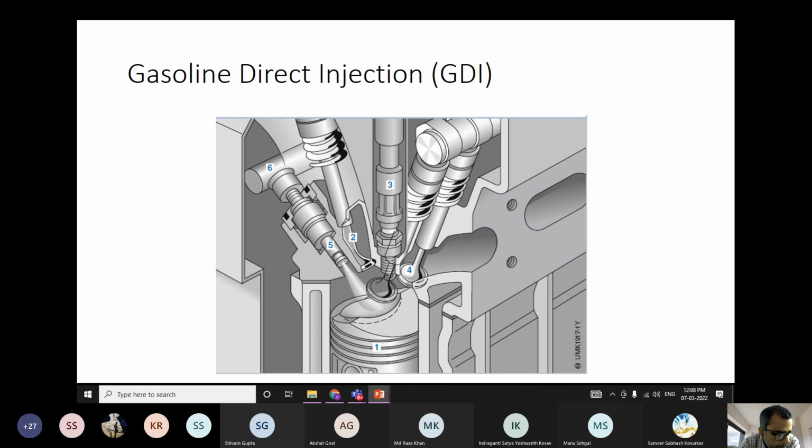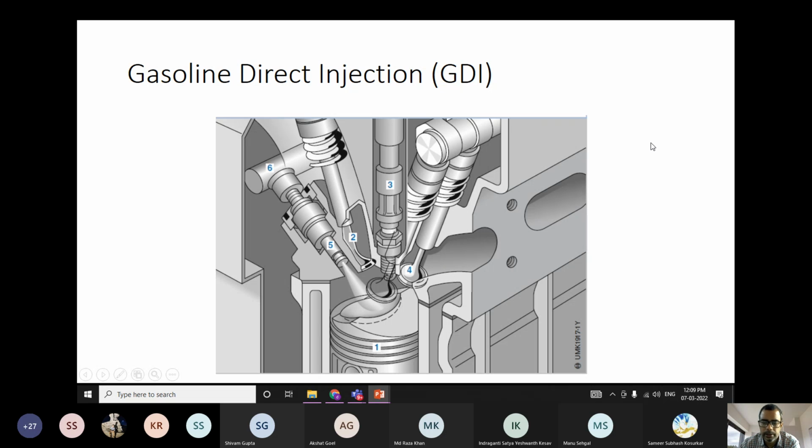If your car has such a technology, in which you are injecting the fuel directly inside the combustion chamber in an SI engine, it is called gasoline direct injection, GDI. In fact, we have also discussed these slides, but let us discuss it once again.